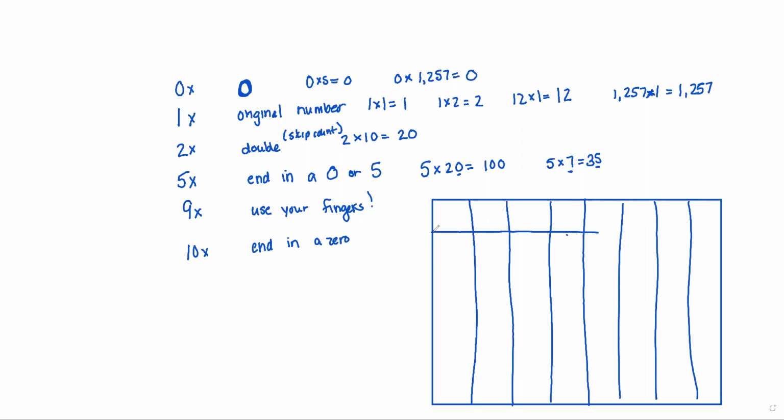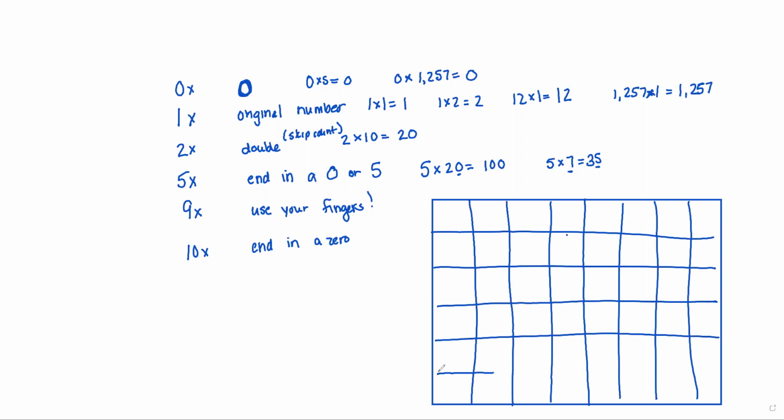This is just a quick example of one that could help you until you have them all memorized. So you would just pretend that these lines are the multiplication sign.